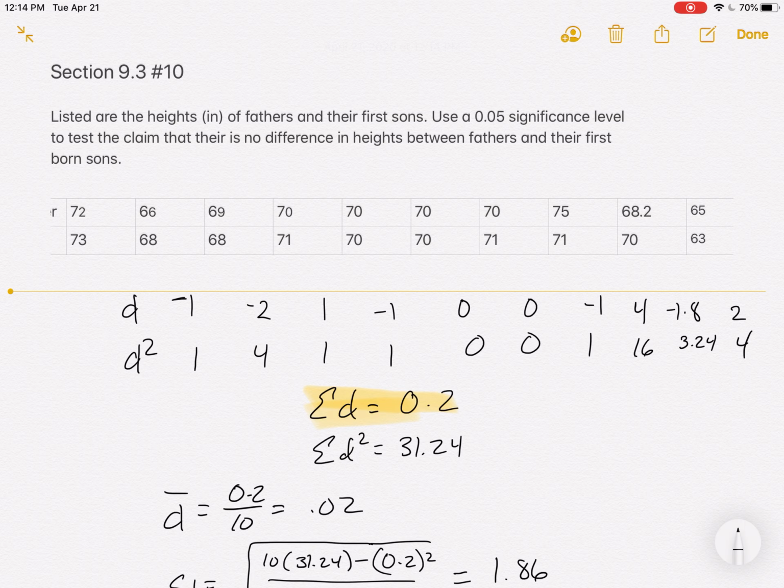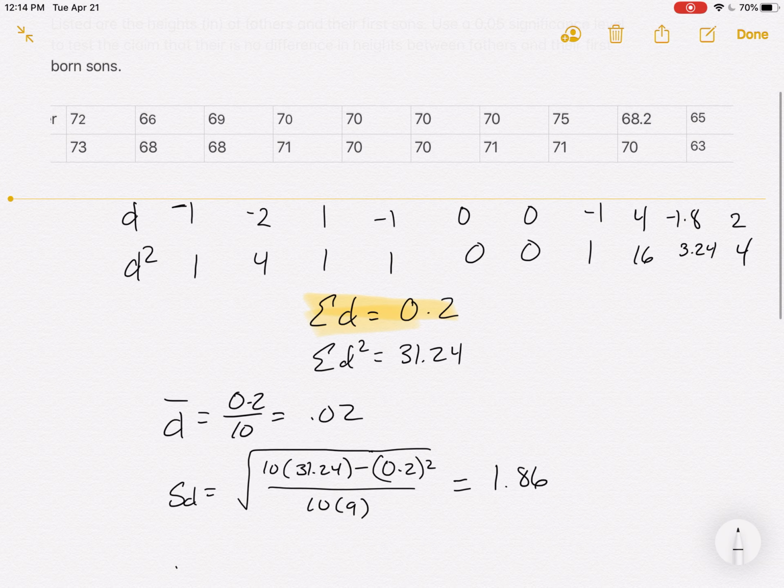So regardless of what's asked, I'm going to need to know what D bar and S sub D are. D bar is as simple as 0.2 divided by the 10 numbers that were there. The 10 numbers were -1, -2, 1, -1, 0, 0, -1, 4, -1, 8, and 2. And so n is 10, and we get a nice 0.02 out of that.